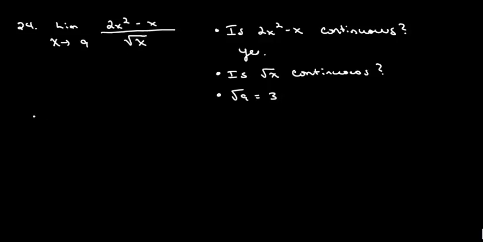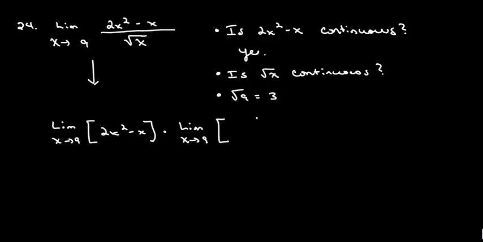So we can say that this limit is equal to the limit as x approaches 9 of 2x squared minus x times the limit as x approaches 9 of 1 over the square root of x. Now this is our product rule, and we can do that because this function right here and this whole function right here are continuous at 9.